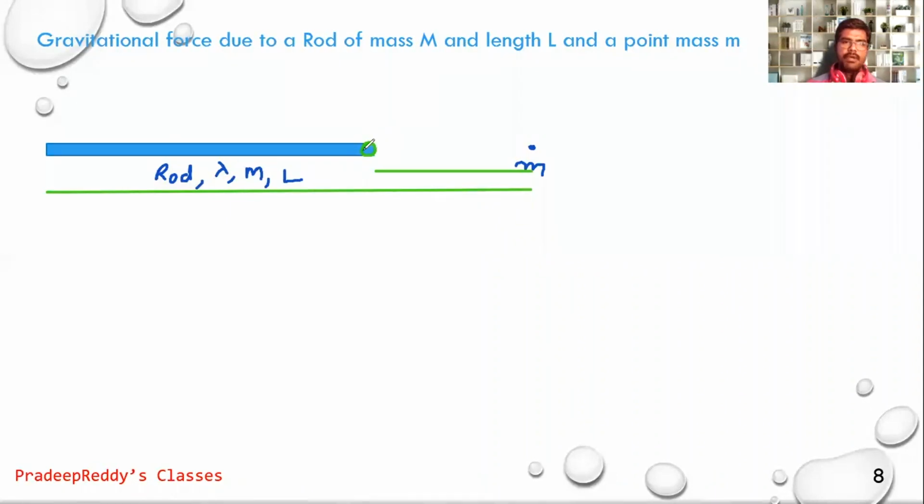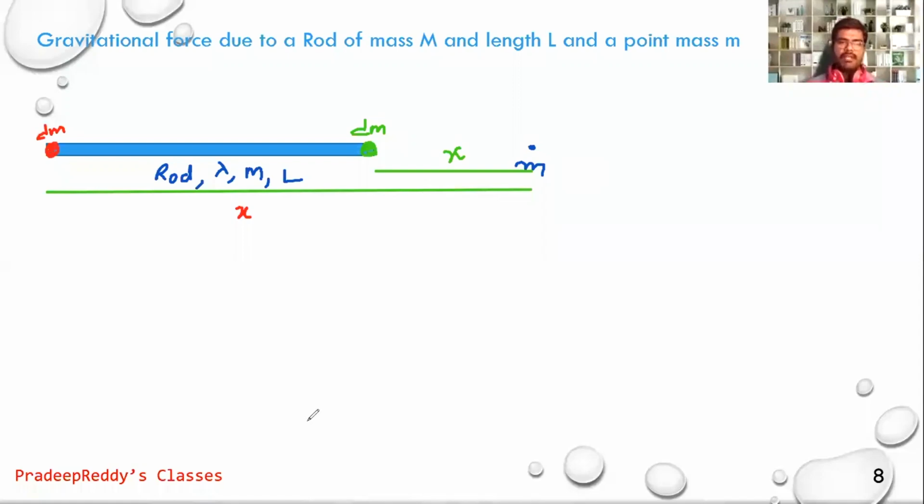If I take a very small element here, the separation between this element dm and the point mass, let me consider it as x. Likewise, if you take the small element here, this element is dm and the separation for this element will become x plus L.